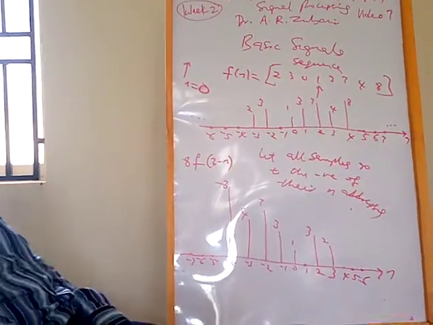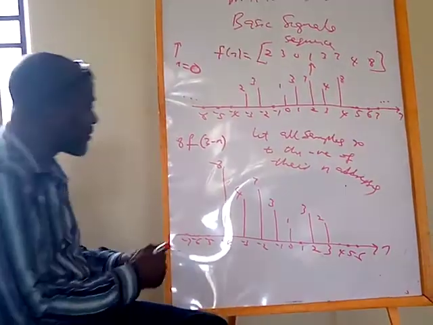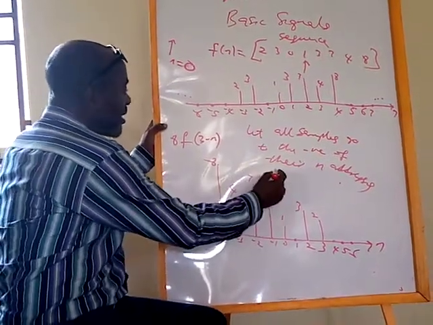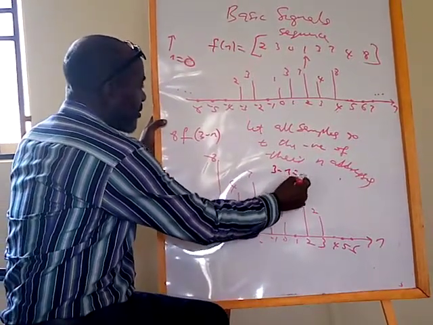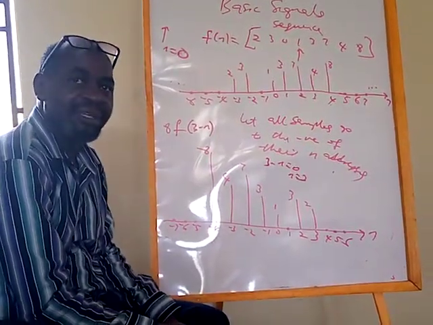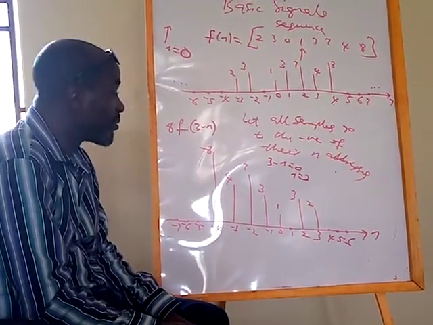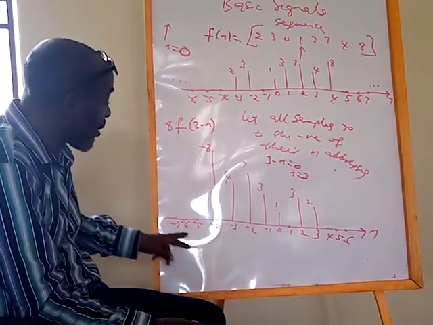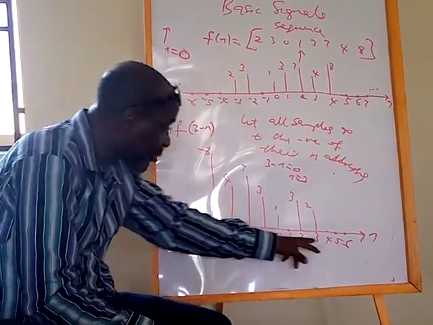Let's now try to do shifting. To do shifting, 3 minus n equals 0, that means n equals 3. As a layman, that means just add 3 to these locations.